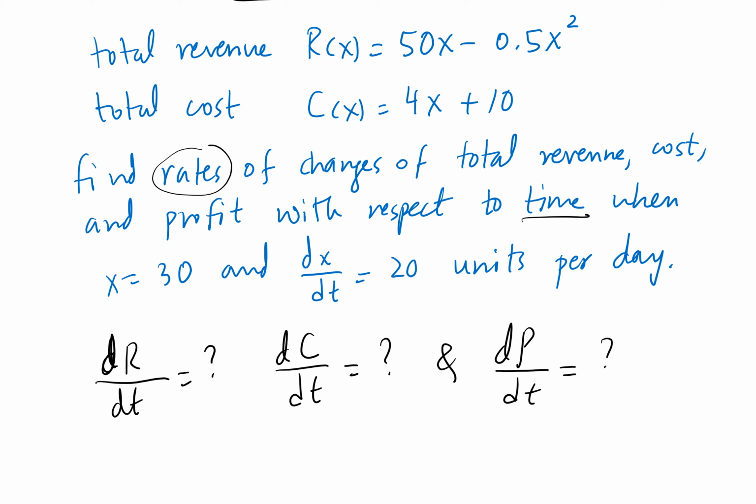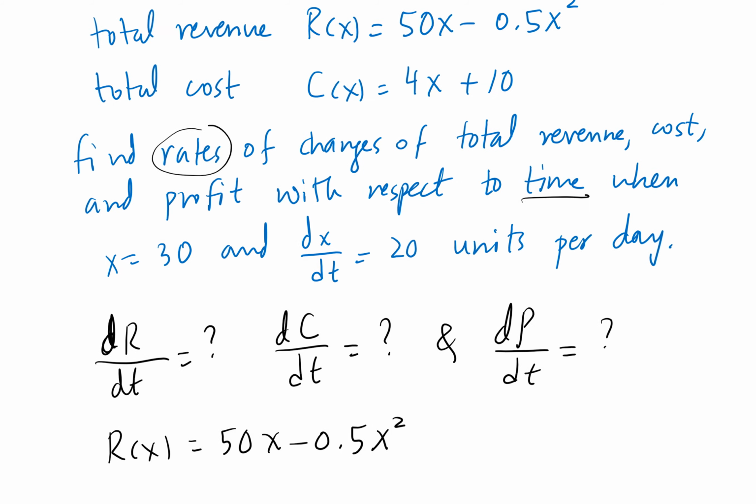So let's take them one at a time. We are given R of x as 50x minus 0.5x squared. We need to find dr dt. So let's see how we do that.